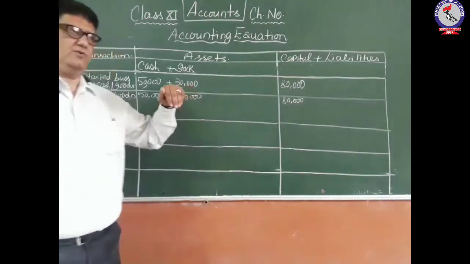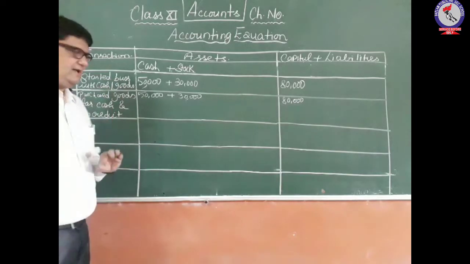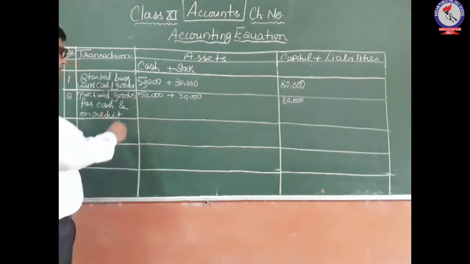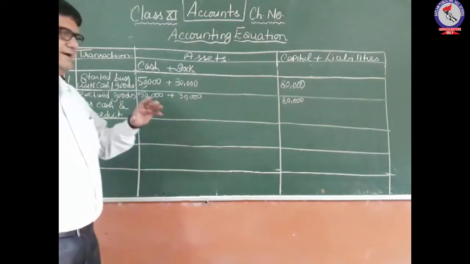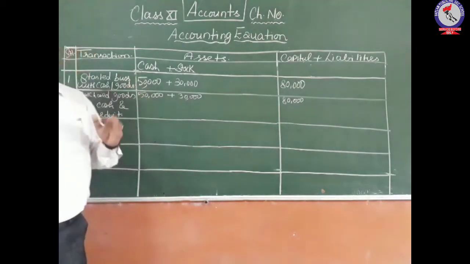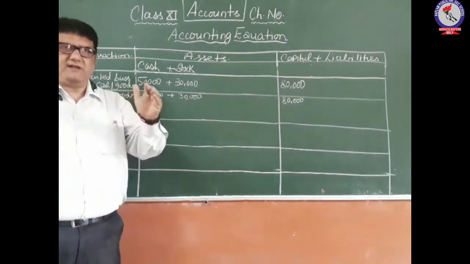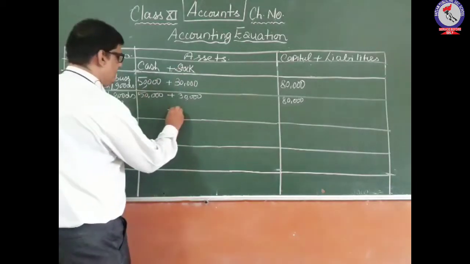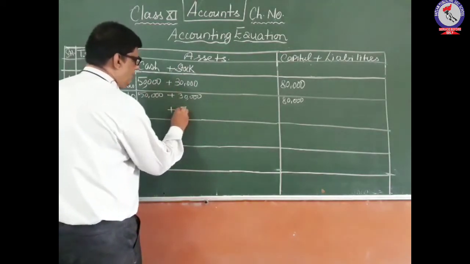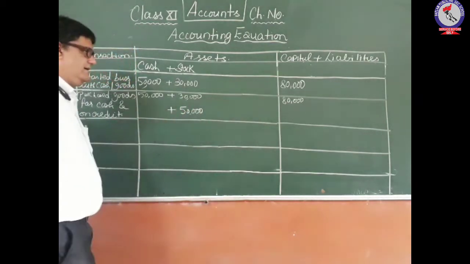We have purchased goods for cash 30,000 rupees and on credit from one of the parties, Karan, 20,000. So goods of 30 plus 20, 50,000, are coming into the business. This will be added to your stock, so your stock will increase by 50,000 rupees in this event.